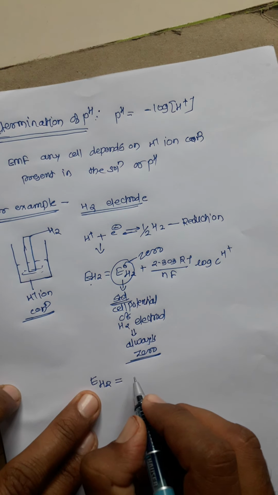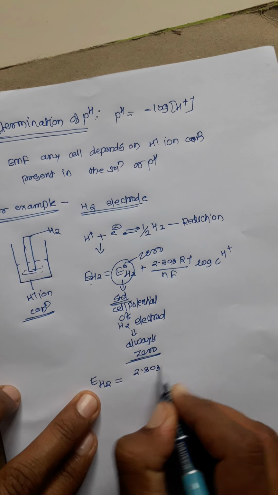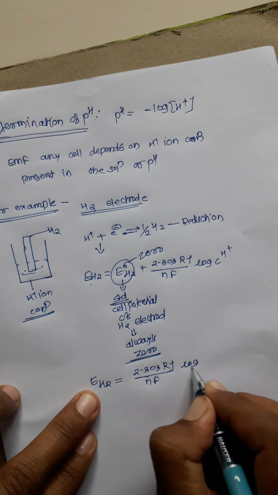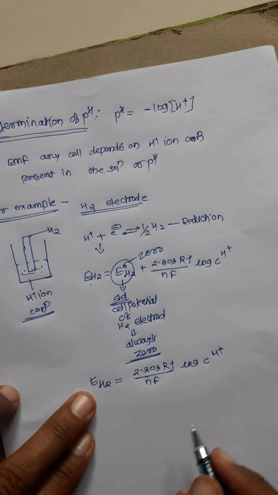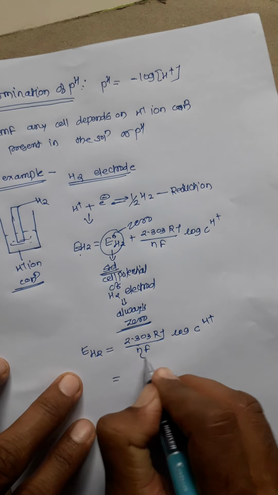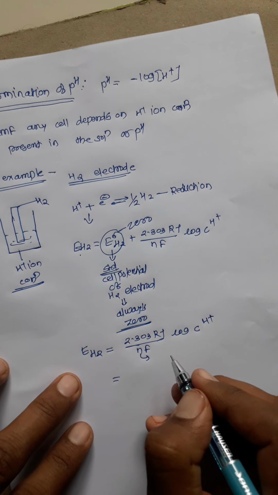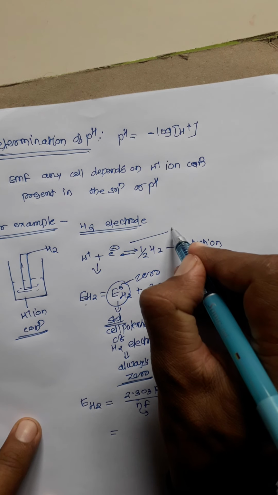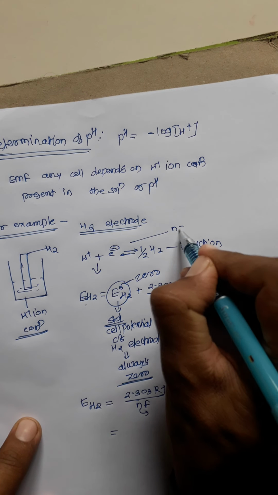Then E H2 is equal to 2.303 RT upon NF log of the concentration of H plus ions. N is the number of electrons taking part in the reaction. In this reaction, only one electron takes part, that's why N is equal to 1.